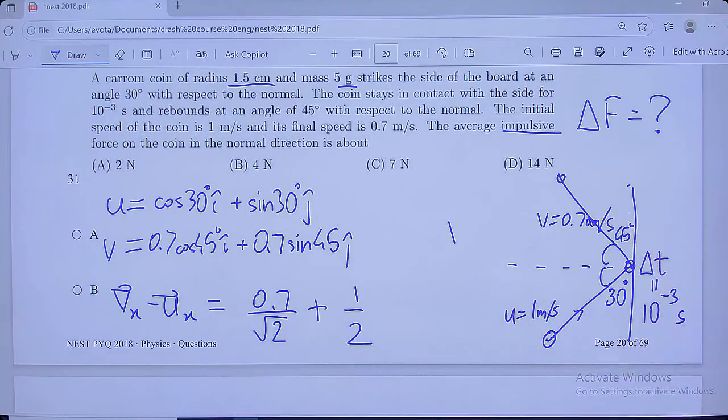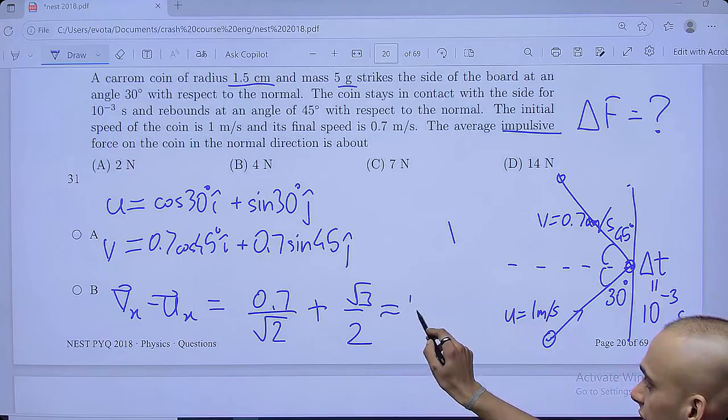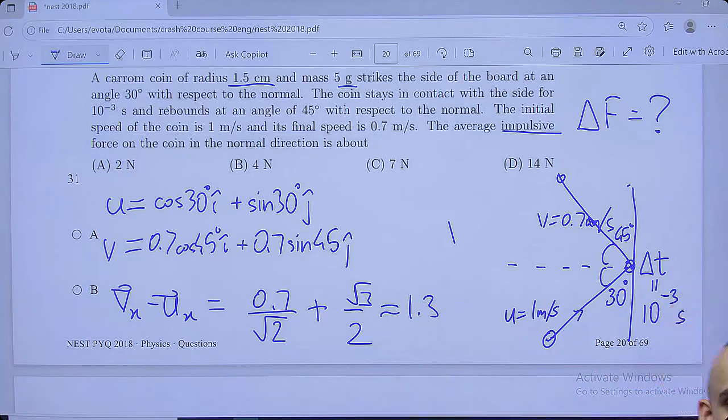If we divide by delta t, which is 10 power minus 3, then we should get something a little larger than 10 power 3. Right? Final values you can calculate. You have a calculator. 0.7 by root 2 plus cos 30 is root 3 by 2. Root 3 by 2 you will get as 1.3. Approximately 1.3 we get as the value of the change in momentum.